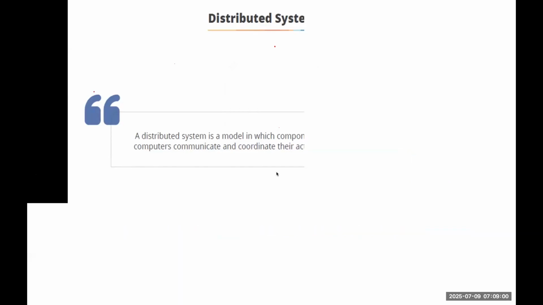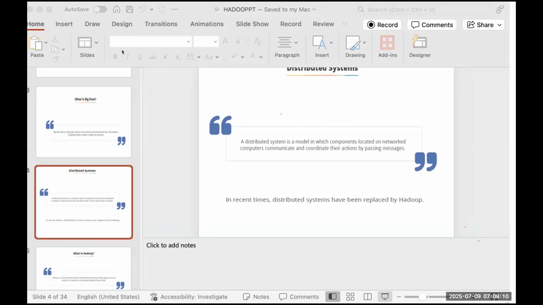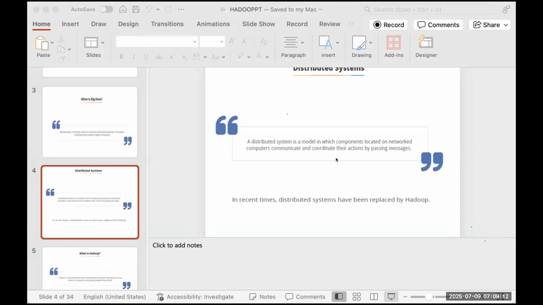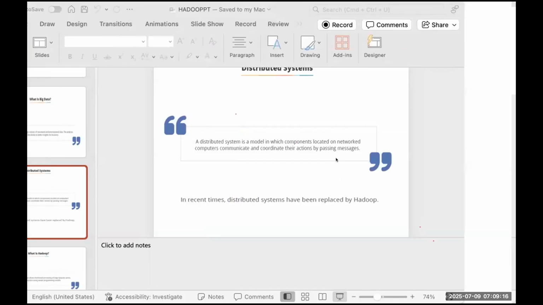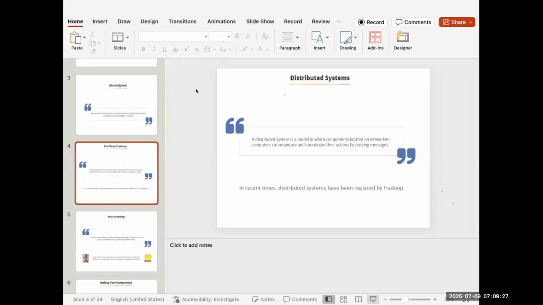Data, mm-hmm. For data, I mean, data extraction may take time. When you say data extraction, what do you mean by that? Distributing the data to the servers. Okay, distributing data to the servers.